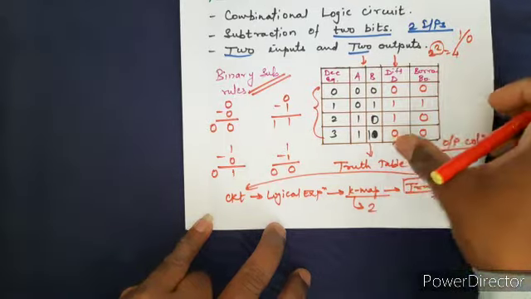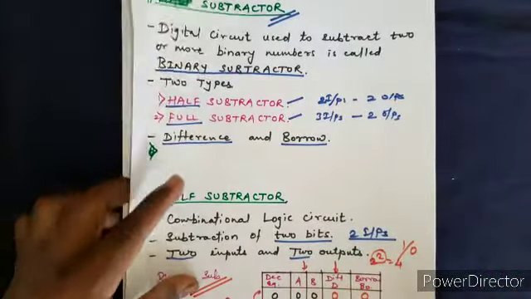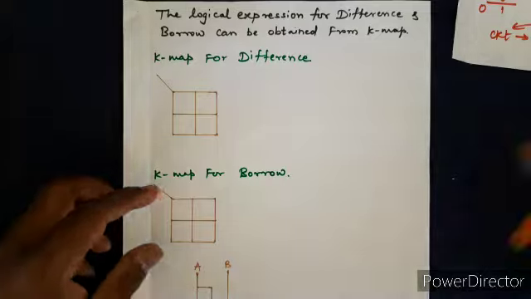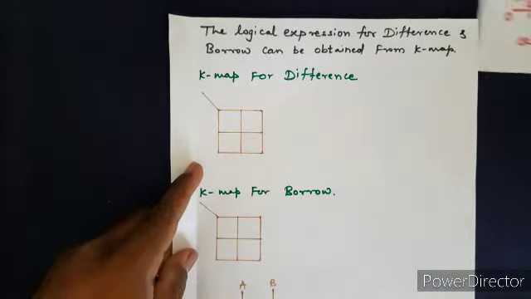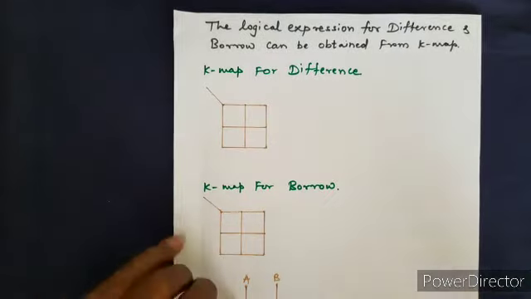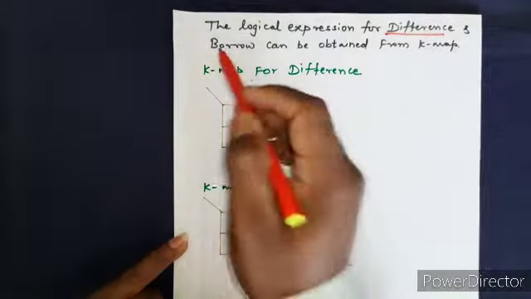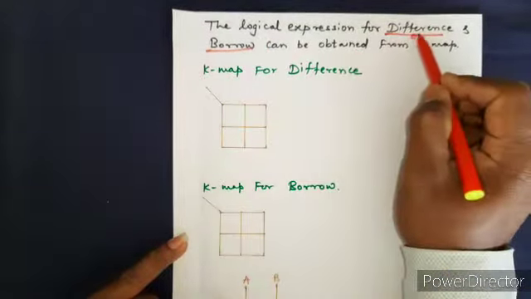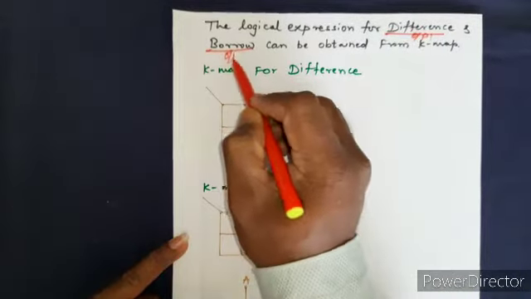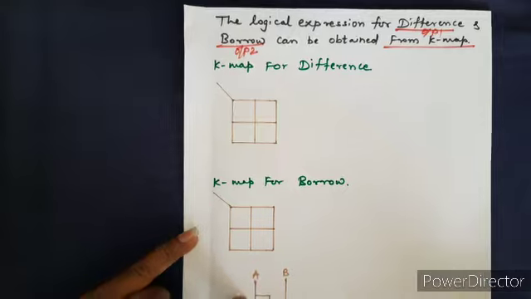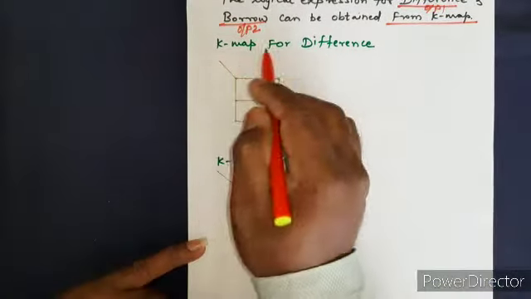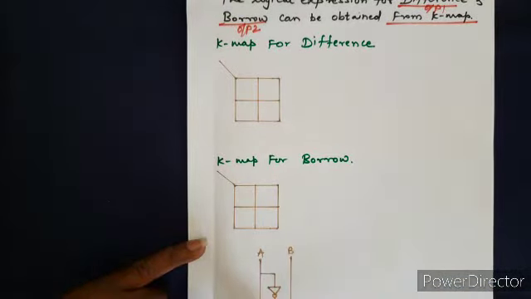So here we need to have 2 K-maps, one for the difference, another for the borrow. That's what I have said, the logical expression for the difference and borrow. Now these are outputs, output 1, output 2, which can be obtained from K-map. So let's see the K-map for the difference.